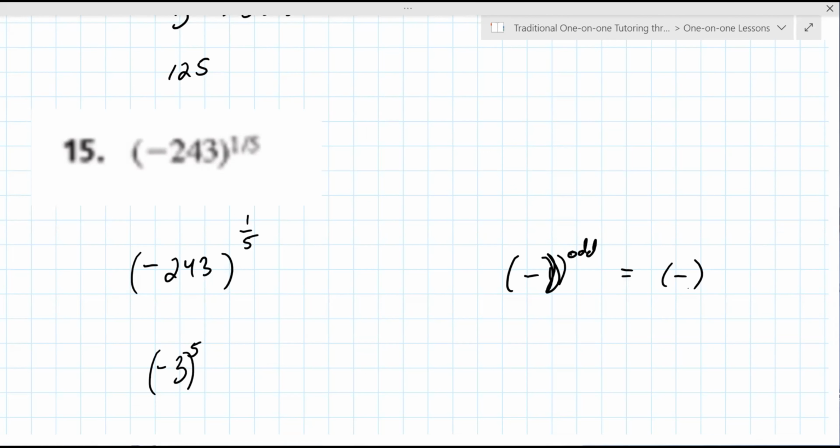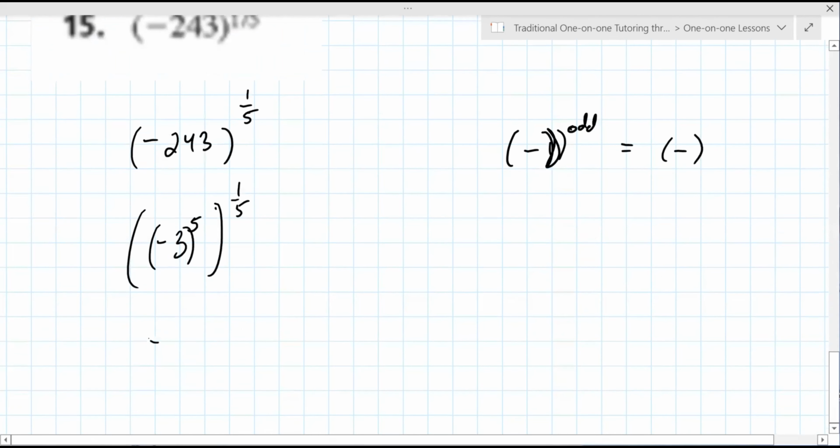Okay, now we have that to the 1/5 power, so you have to multiply the exponents. So then it would be just 1. Yes, it's minus 3 to the power of 1, and anything to the 1 power is itself, or just minus 3.